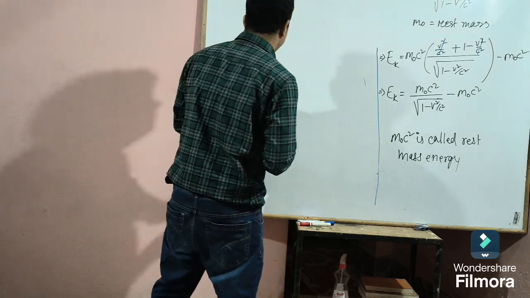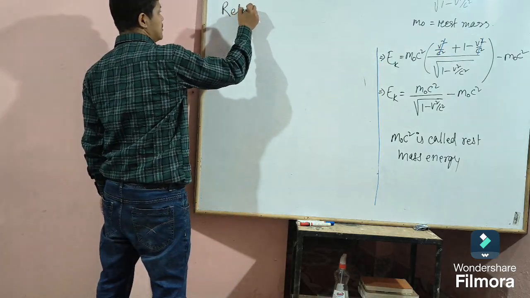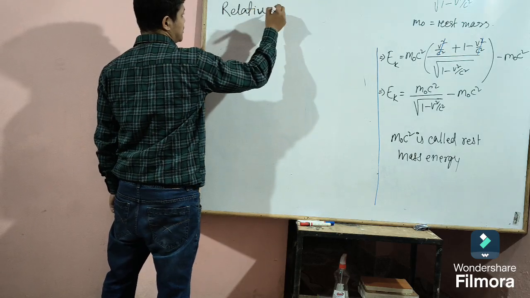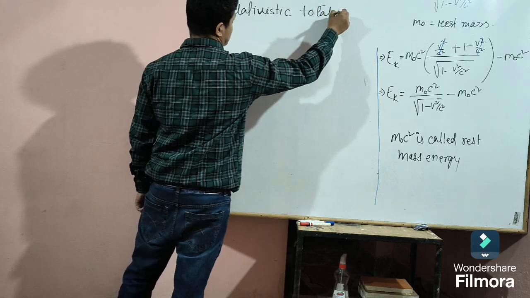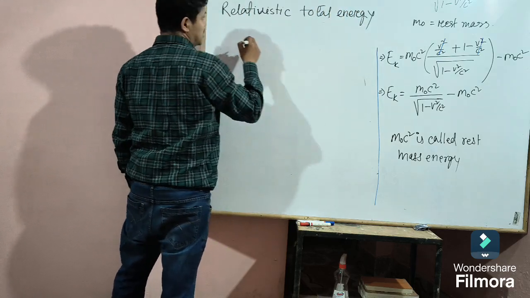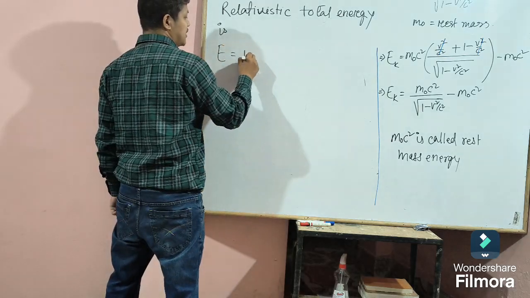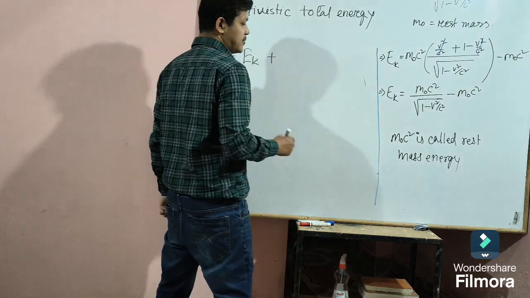And the total relativistic energy E is equal to kinetic energy, that is Ek, that we have already got, plus rest mass energy.